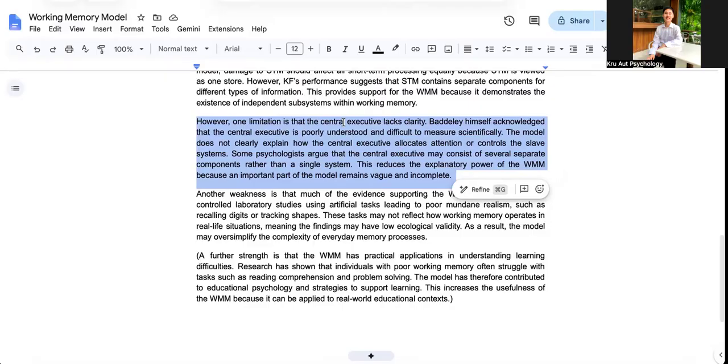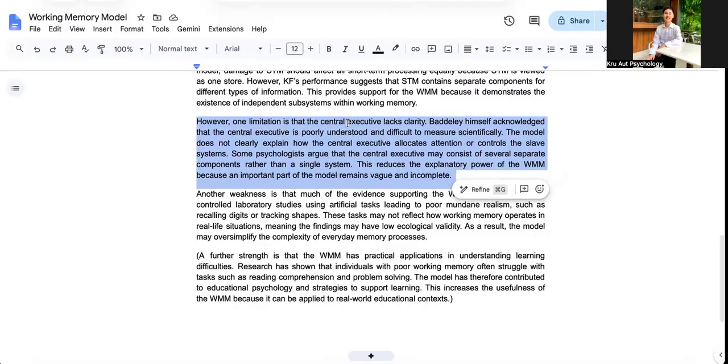So the example would be referring to the central executive, saying that it's poorly understood, difficult to measure scientifically, not clearly explained, etc. In the textbook, they probably have something shorter than this, and most students probably don't know how to go about explaining and gaining full marks for this point. It might be better to use other points in that situation.